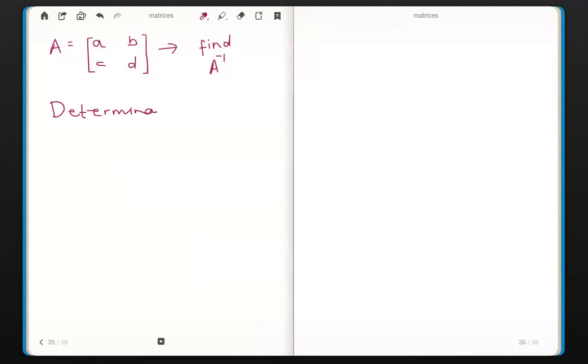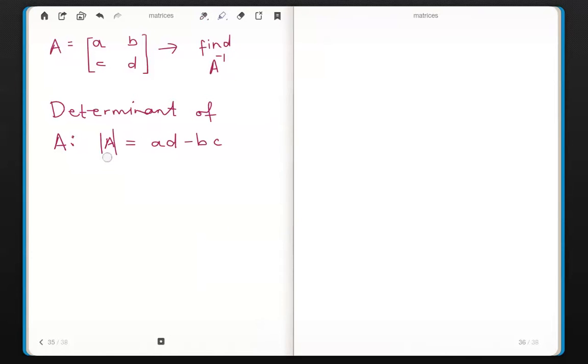Determinant of A, which you'll be familiar with from your quadratic functions. So that's how we write it, the determinant of A, and that is equal to AD take BC.